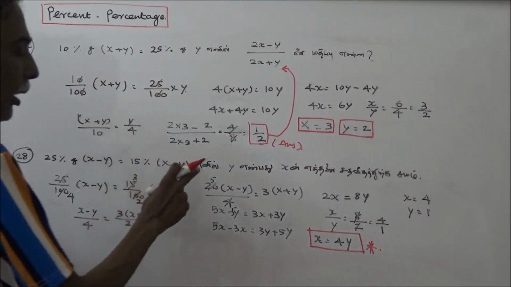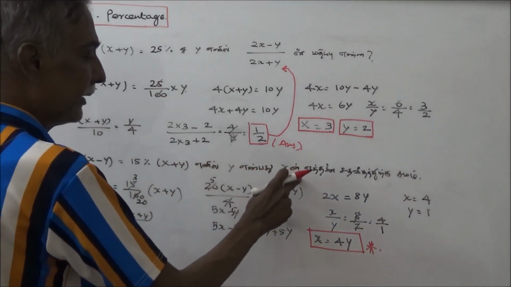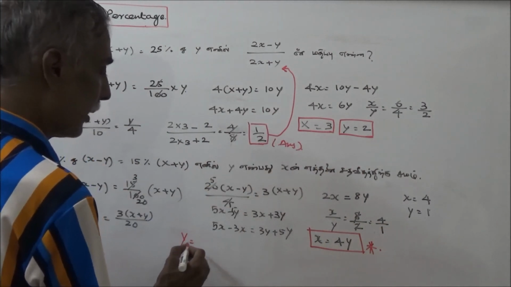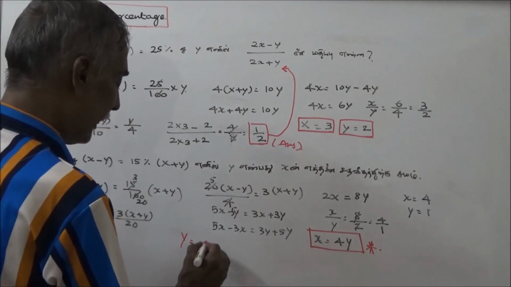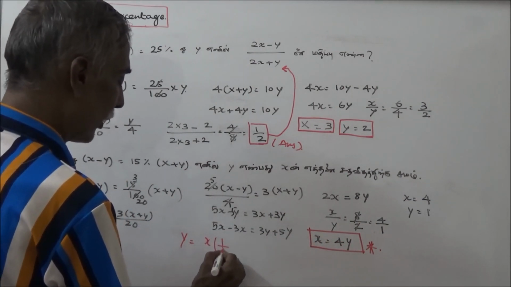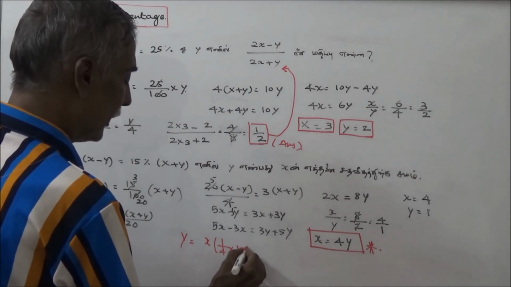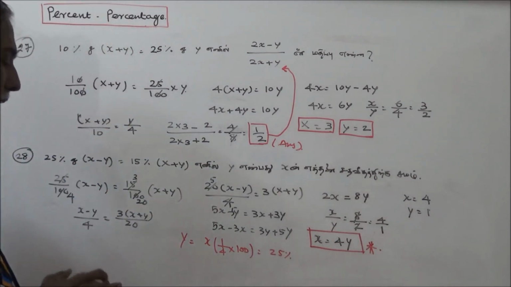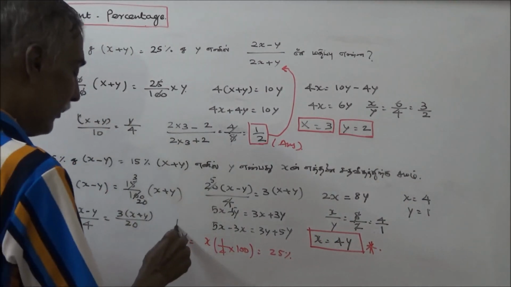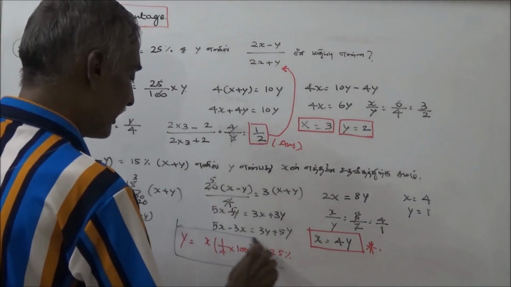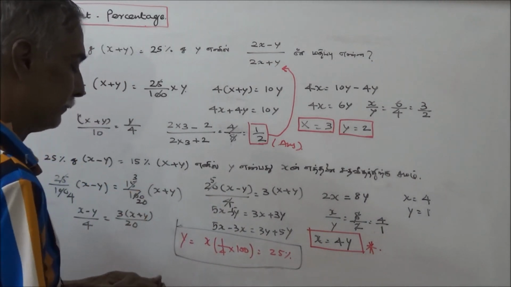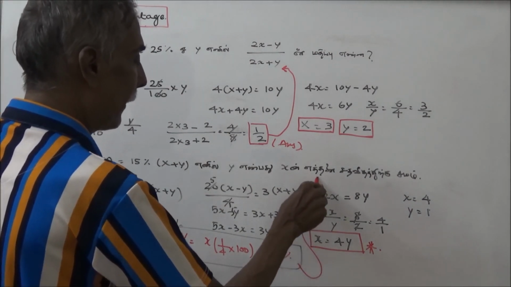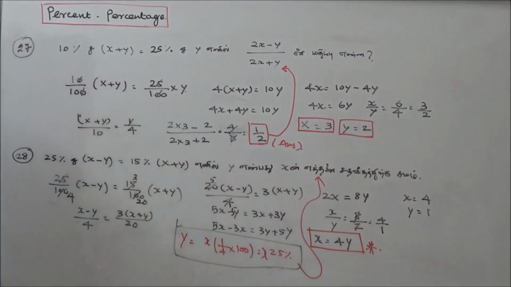So what is the question? y is what percentage of x? Therefore y is equal to x into 1 by 4 into 100, that is equal to 25%. This is the answer. That is, y is 25% of x. This is x. This is the answer. This way you have to work out this problem.